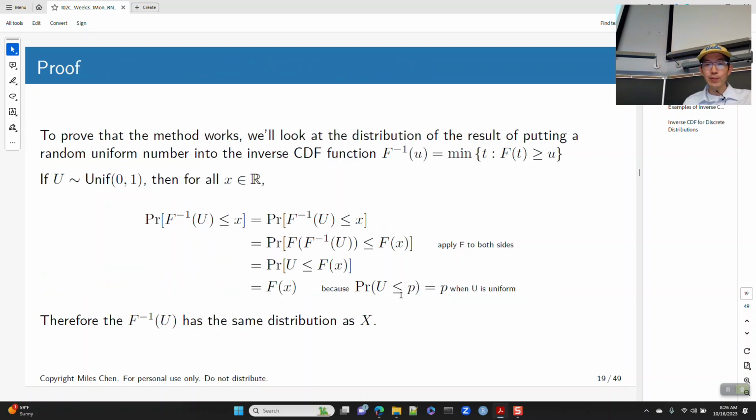Here's kind of the proof. The uniform comes from here, and we're going to say, what is the probability that the inverse CDF applied to U is less than or equal to X?